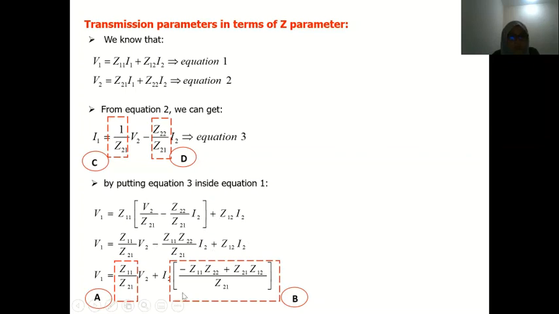From the elaboration, finally you get V1 = (Z11/Z21) V2 + ((Z12 Z21 - Z11 Z22)/Z21) I2. If you compare with the ABCD parameters, this is your A parameter, and this is your B term.